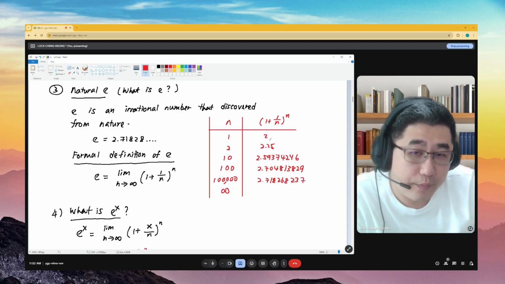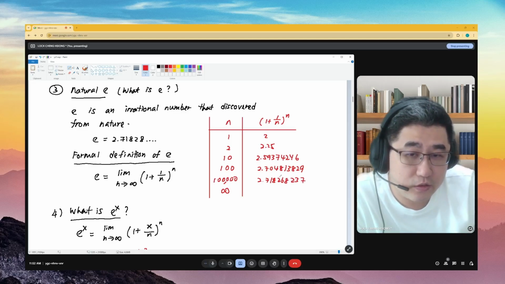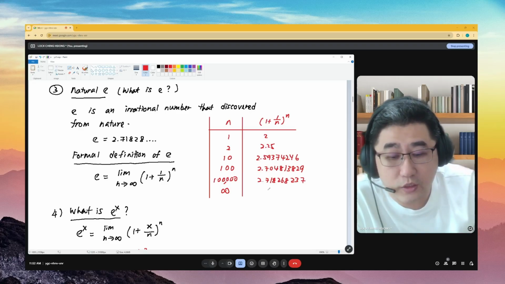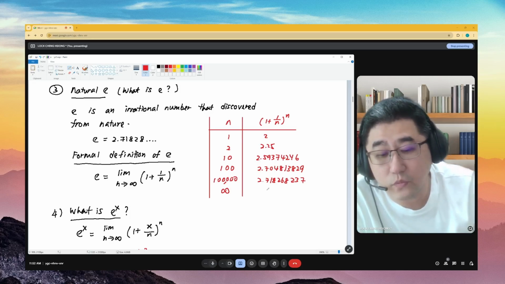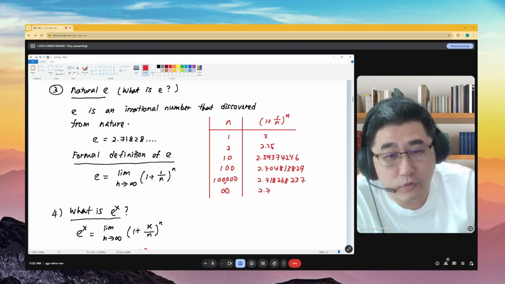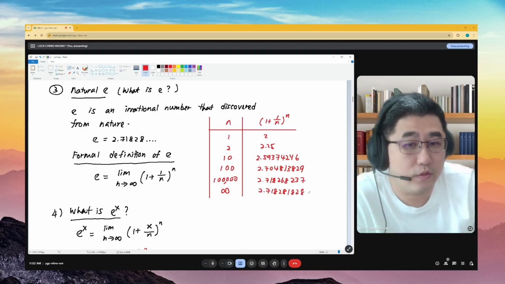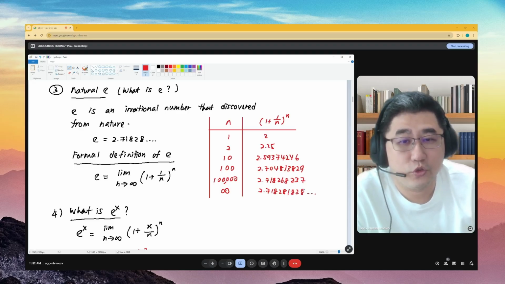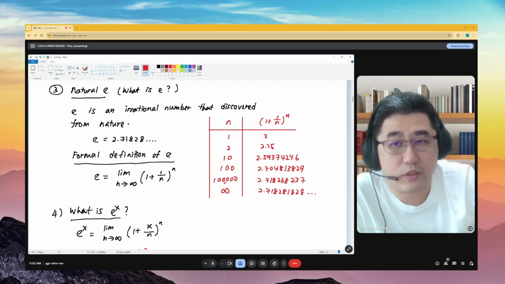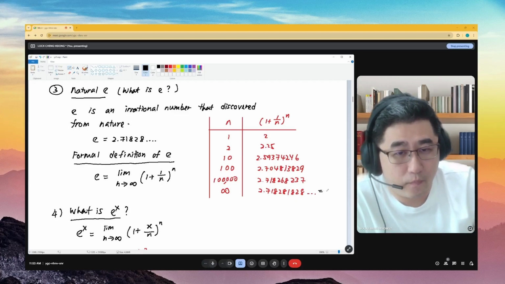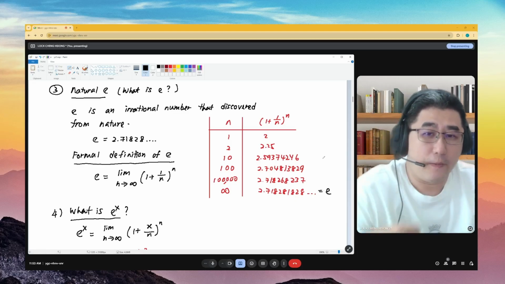You can see that the number here is getting nicer and nicer. So when you go to infinity, what you actually get is the E value, which gives you 2.718281828 at the back. You can see that when the n value gets larger and larger, the value stops changing. Then this value is E.